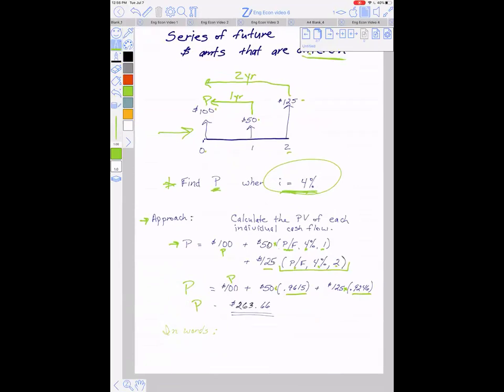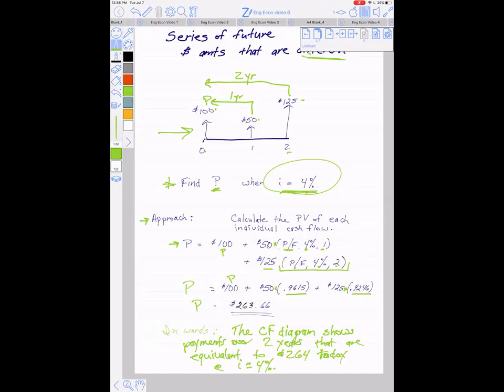Now, in words, what does that mean? Interpret that in words. Something like: the cash flow diagram shows payments over 2 years that are equivalent or equal to $264 today at an interest rate of 4%.